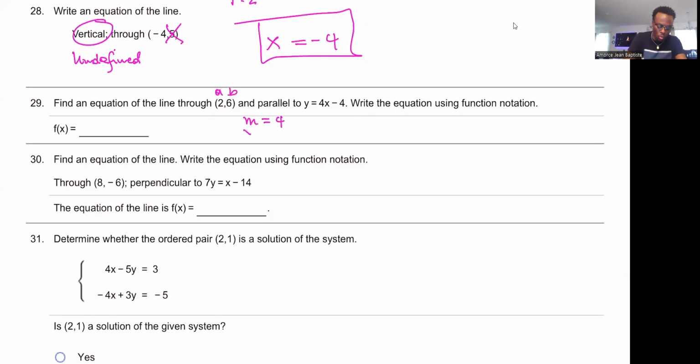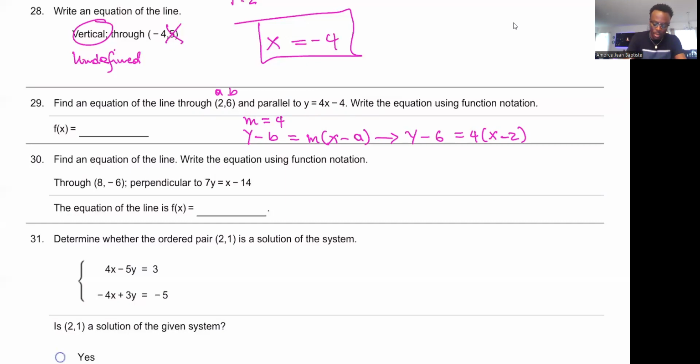So I'm going to use y minus b equals m times x minus a, and then plug in the values. y minus 6 equals 4 times x minus 2. Okay, and then now solve for y.